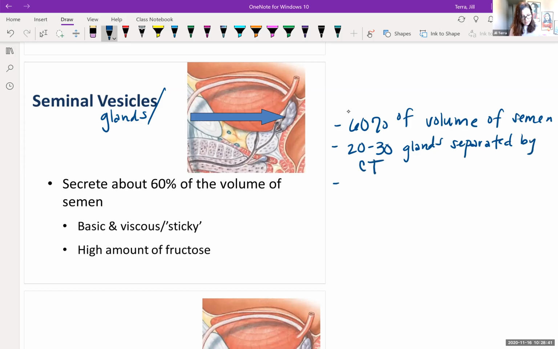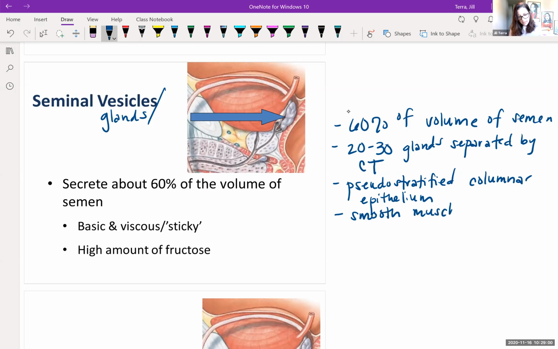Okay, and these glands are lined with pseudostratified columnar epithelium. There is a smooth muscle layer underneath that epithelium. So that means that this gland is going to contract, and it is going to contract during ejaculation.